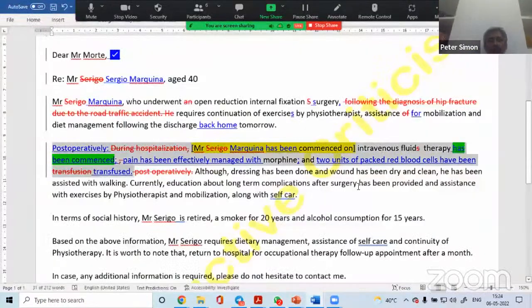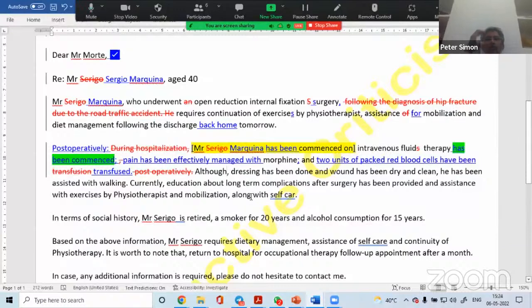Okay, next step. Although, after that you should not put comma. Never put comma after although. Although, if it is in the middle, before comma. If it is in the middle, then okay. Before you have to use comma.